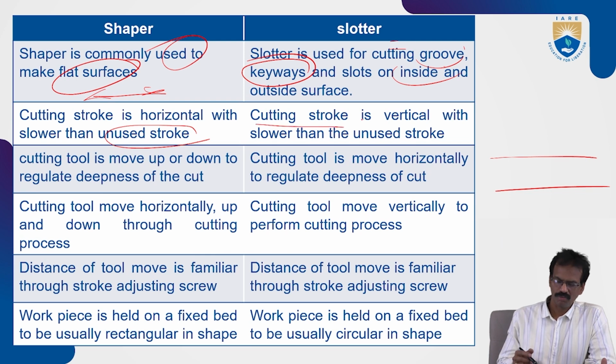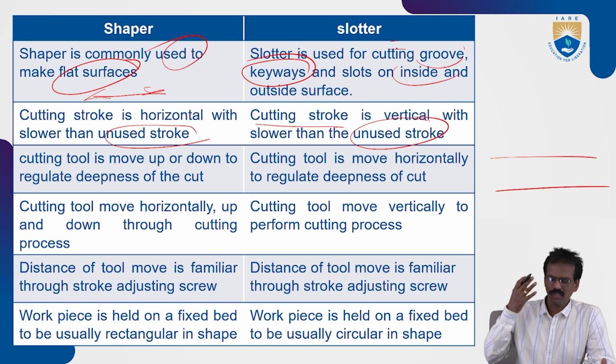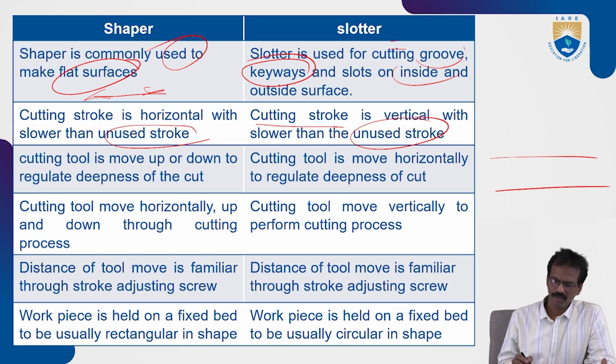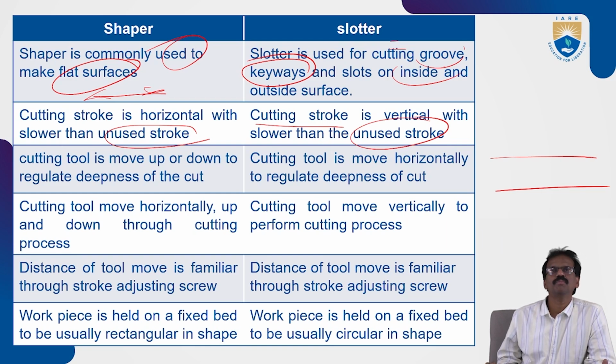Okay, so in the slotting machine, the cutting stroke is vertical, slower than the return stroke here also. The cutting stroke is the downward movement, and the reverse one is the upward, the unused stroke, that is very fast. Next, the cutting tool moves up and down.